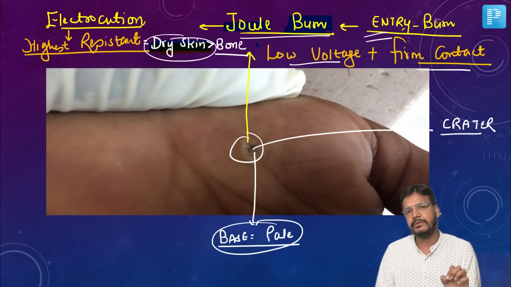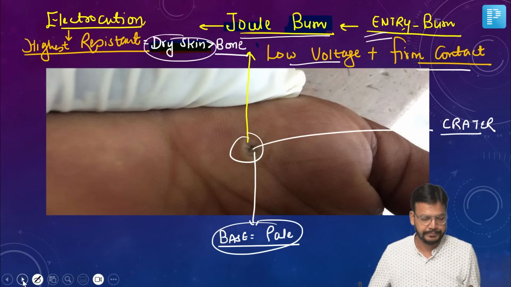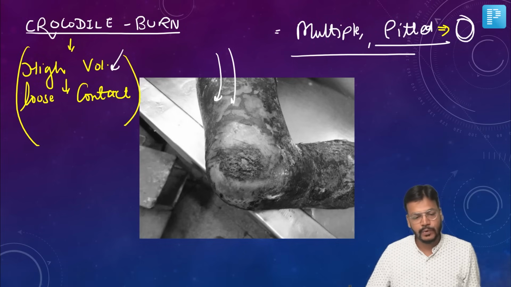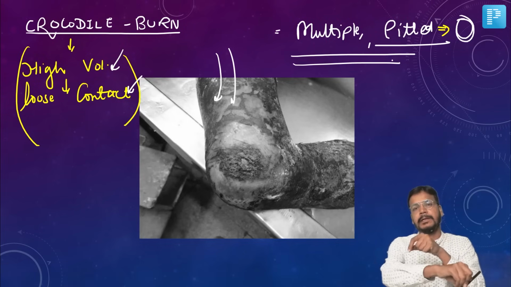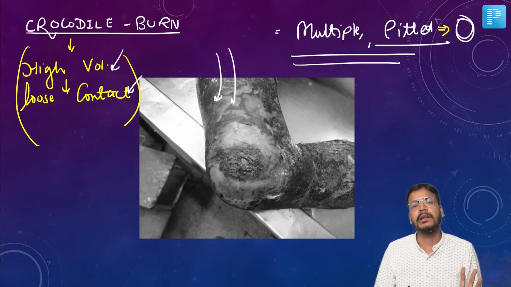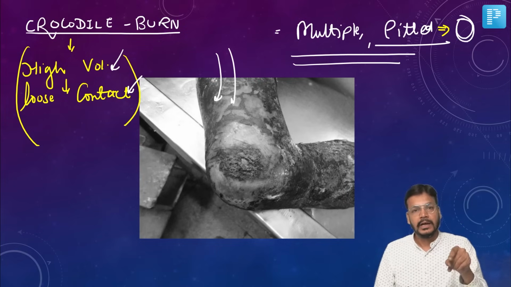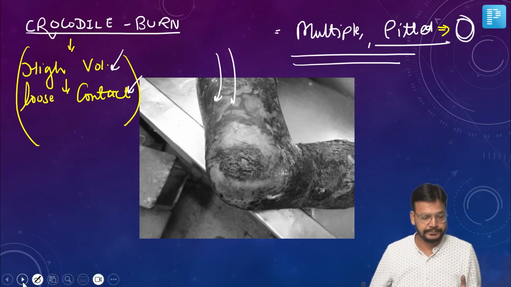Sir, if you have high voltage and loose contact, you have multiple pitted burn marks, it's a crocodile burn. Low voltage firm contact, Joule burn, J for Jhatka, J for Joule burn. High voltage loose contact, crocodile burn.